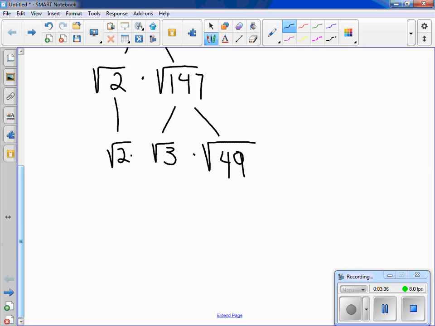So now we have a number that actually is a perfect square. This 49 is our perfect square. You're probably familiar with that again from your multiplication class. I know 7 times 7 is 49. So I'll just express this in terms of the actual number 7. So this is now going to become 7. And I'm just going to bring down my radical 3 and my radical 2.